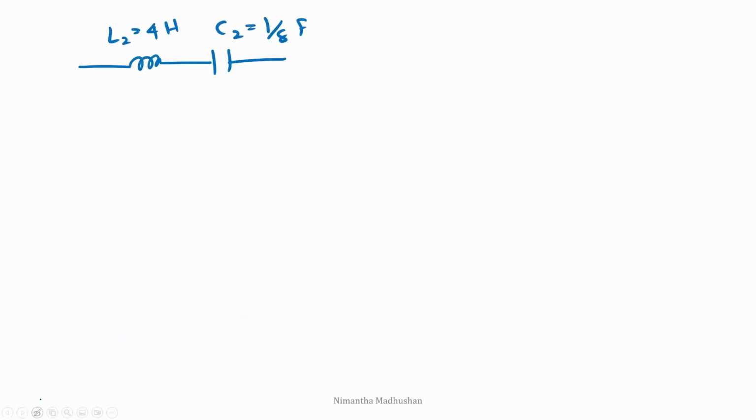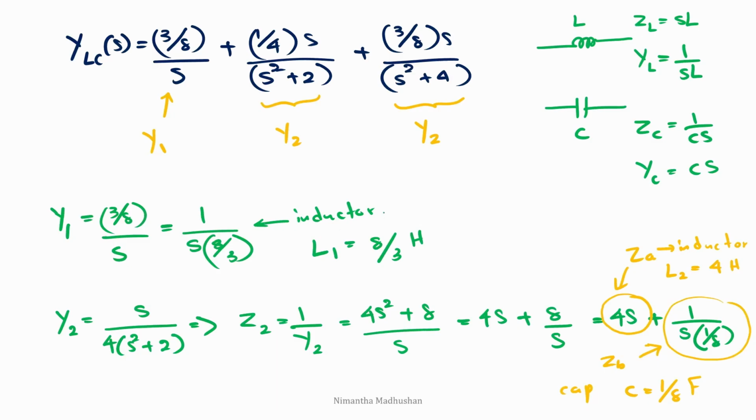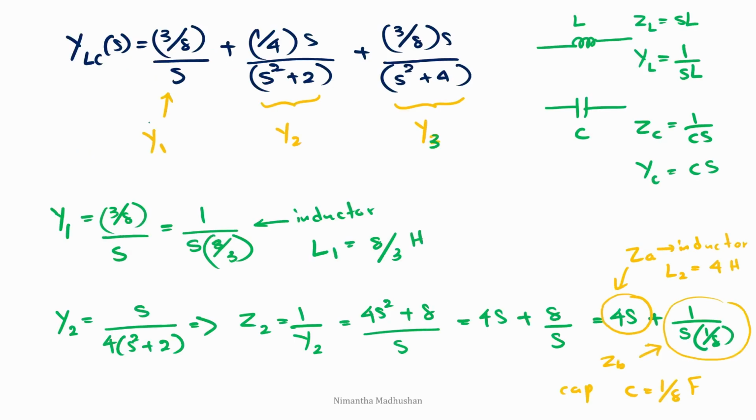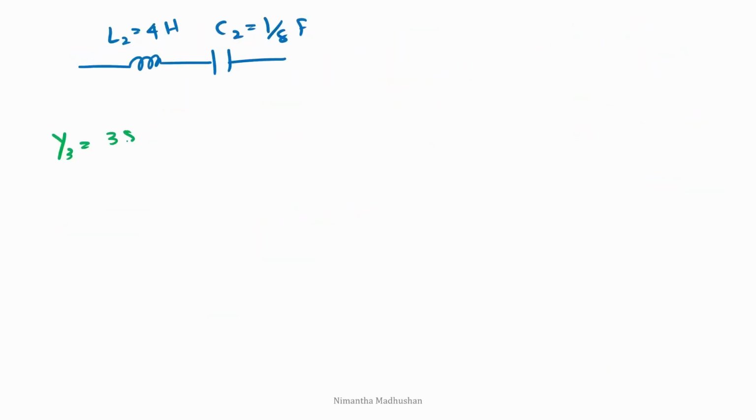Now I will consider the last part. This is Y3. Y3 is equal to 3s over 8 times s squared plus 4. If we check this equation, we can't easily find what components are represented by this one. Then, same as previous Y2, I consider Z3. It is 1 over Y3.